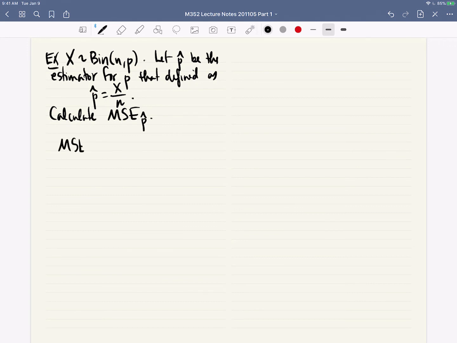By definition, the mean squared error for the estimator is the mean of the estimator minus the parameter we're trying to estimate, squared, plus the variance of the estimator. We're trying to figure out what p is. We've already calculated in class that this particular estimator is unbiased.